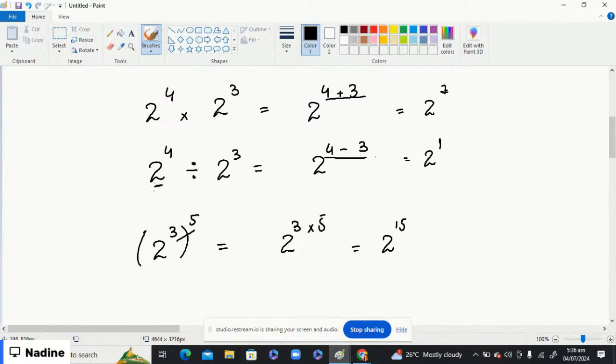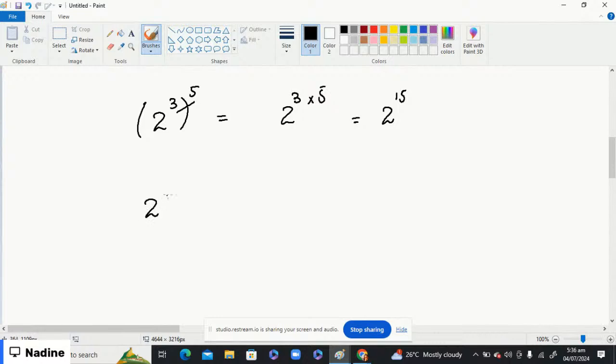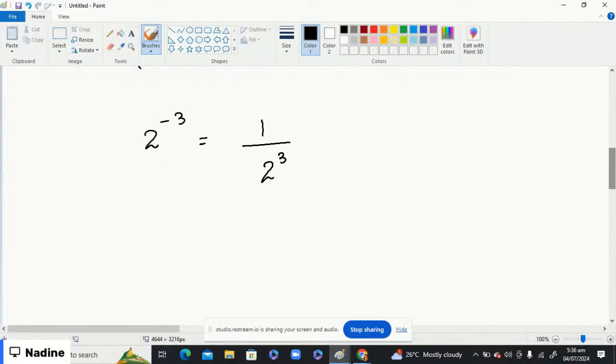What is the base? These two are bases. For the power rule, these two are multiplied with each other, a simple thing. If something is in the form of a negative, for example 2 power minus 3, you put it in the denominator so it becomes plus. And if it is 2 by 3 with power 2, you can separate it out this way and then solve it.